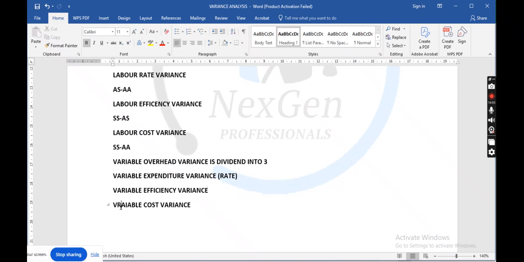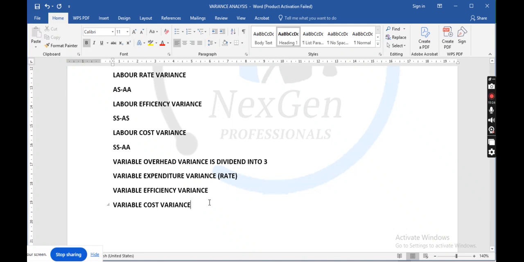You can just pick it up from labor cost, the standard hour, HR, and HR. You can use it like that, right? So addition of the expenditure and the efficiency, either favorable or adverse, gives us what we call variable cost variance.